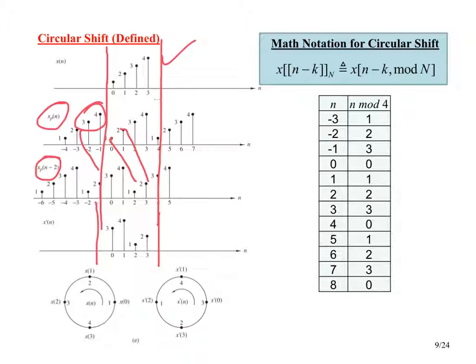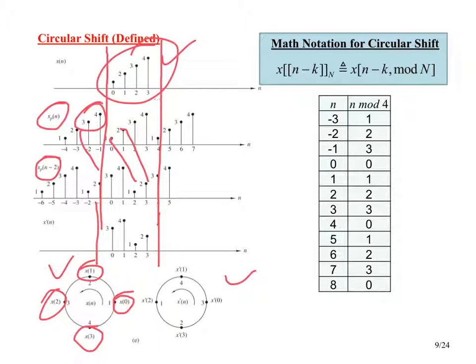And another way to look at it is that we can think about arranging our samples around a circle. Since we have 4 samples to begin with, we start with 4 samples arranged around a circle, so they're at 90-degree spacings. If we had more samples, we would have narrower spacing. And we start with x0 here on the right-hand side, then x1, then x2, and then x3. And over here we're talking about circularly shifting that.